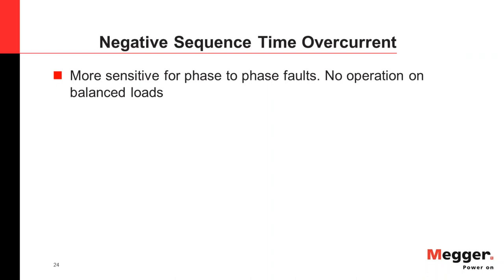As I said before, negative sequence is more sensitive for phase-to-phase faults because it distinguishes them from other faults. So if you have a phase overcurrent and a negative sequence overcurrent, I can have a clear distinction in the negative sequence element for phase-to-phase faults, which means if I have a three-phase fault, my element will not pick up, and I can have a proper distinction between them.